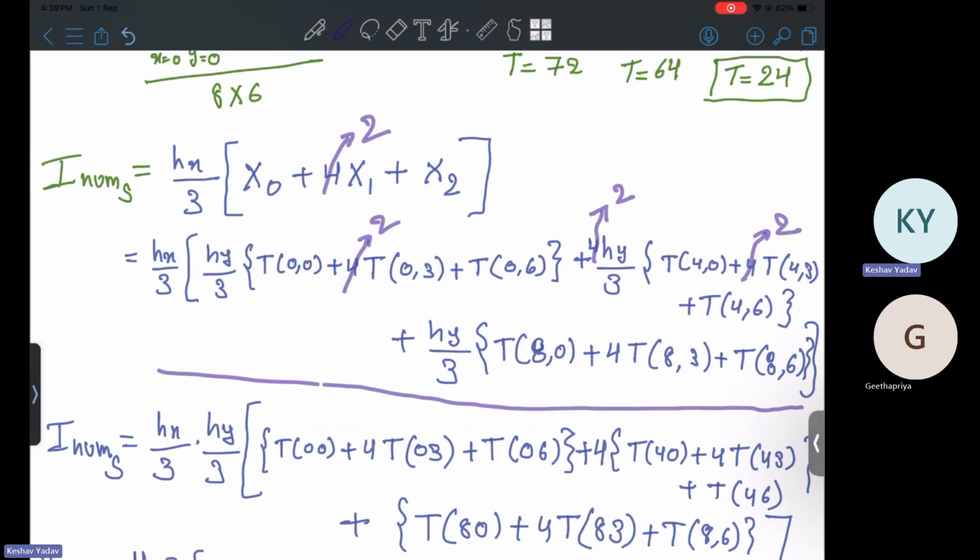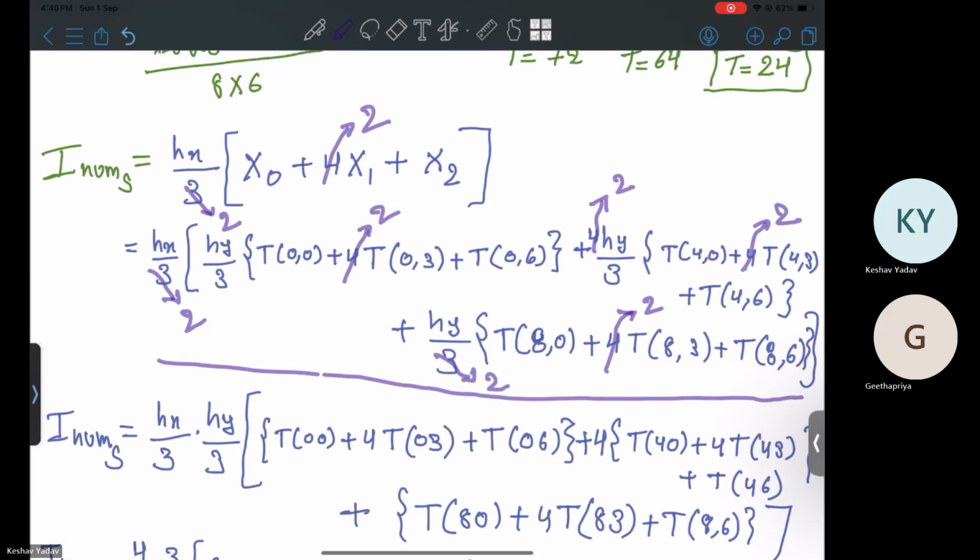This 4 will be replaced by 2. This 4 will be replaced by 2. And this 3 will be replaced by 2. This 3 will be replaced by 2. This 3 will be replaced by 2. Okay. So should we move further?